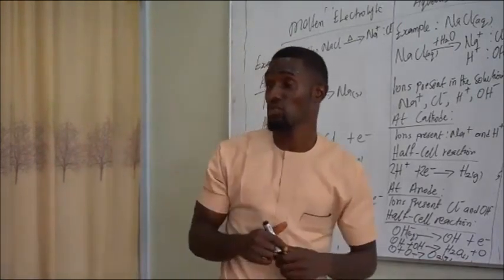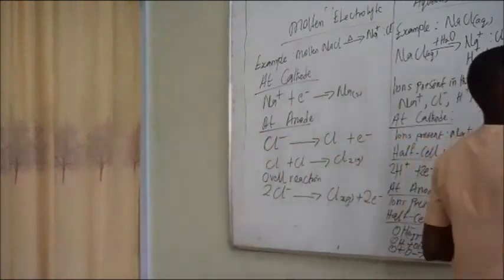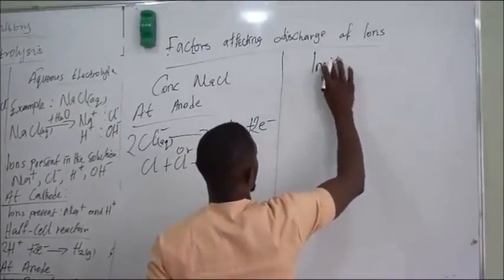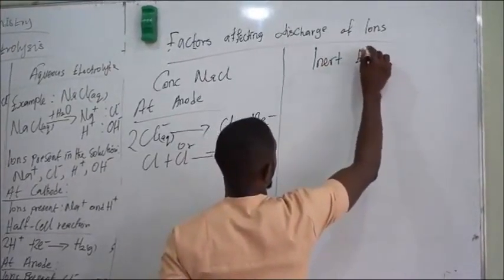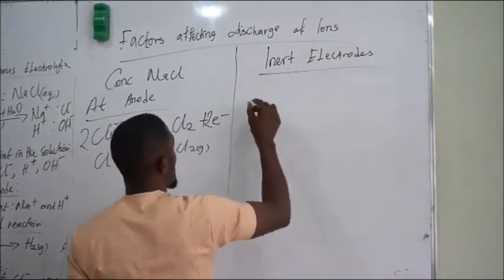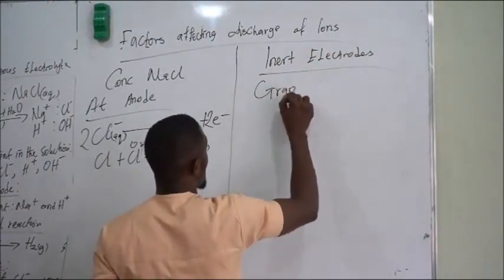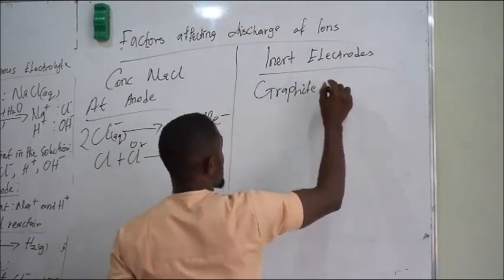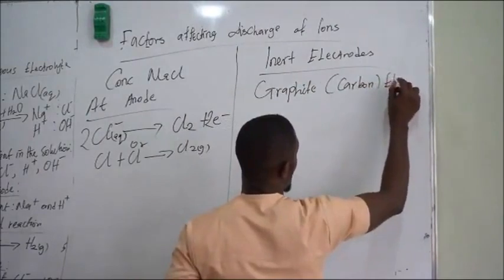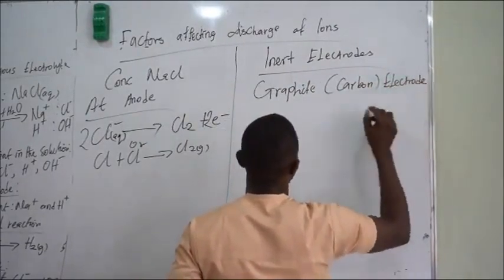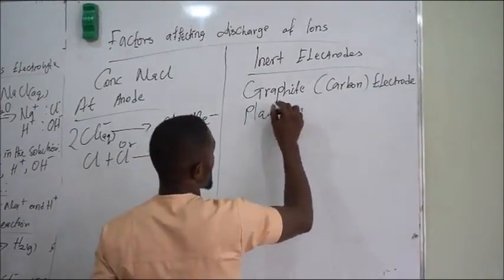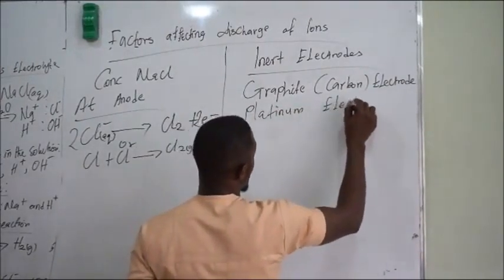Examples of inert electrodes are graphite, or we call it carbon electrode, then the platinum electrode.